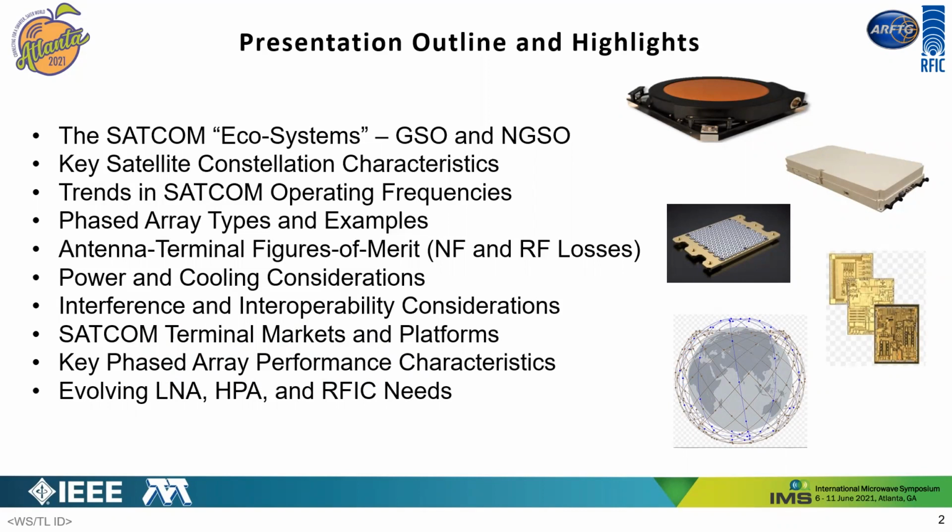We'll briefly discuss operating frequencies and then dive into a brief discussion of phased arrays, their various types and their attributes. We'll cover key antenna terminal figures of merit, including gain, G/T, EIRP, scan range, and bandwidth, along with key component and RFIC characteristics, such as noise figure, front-end RF losses, and power added efficiency.